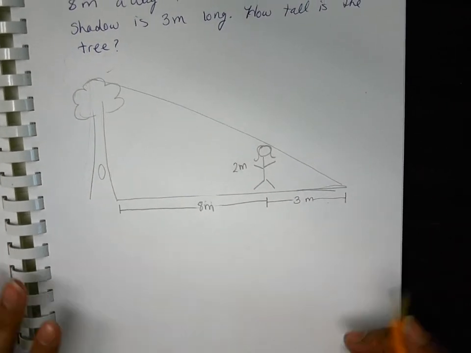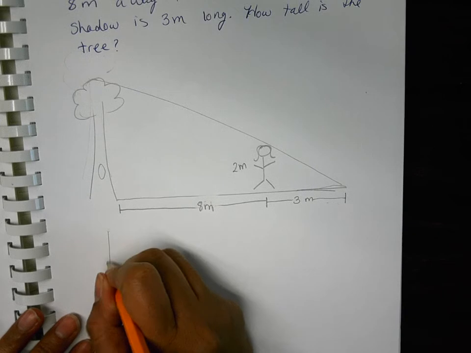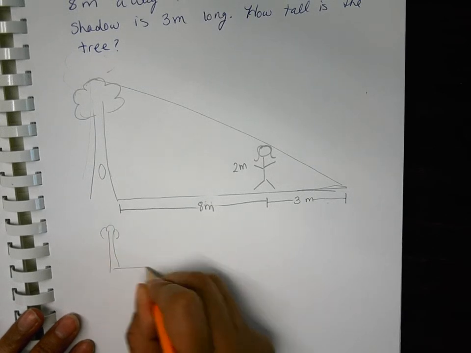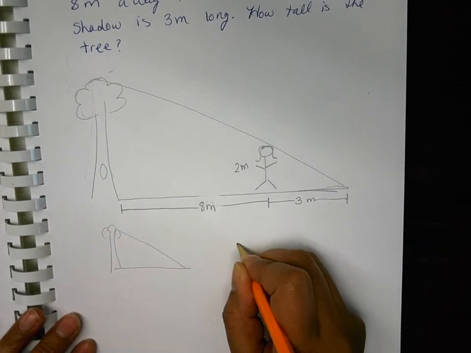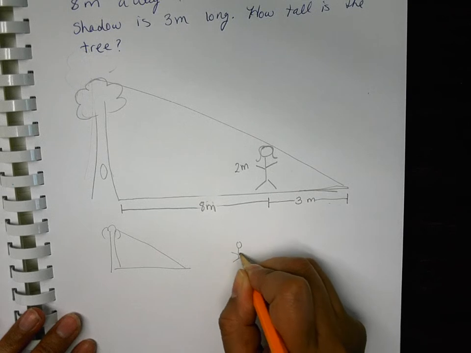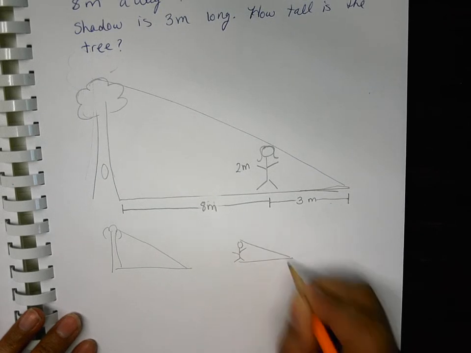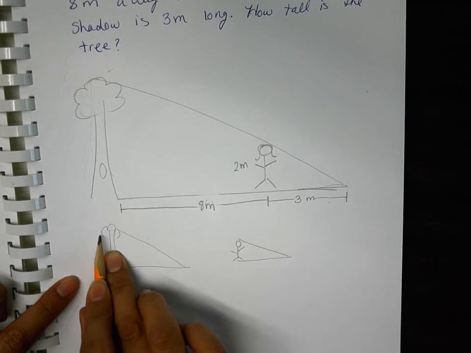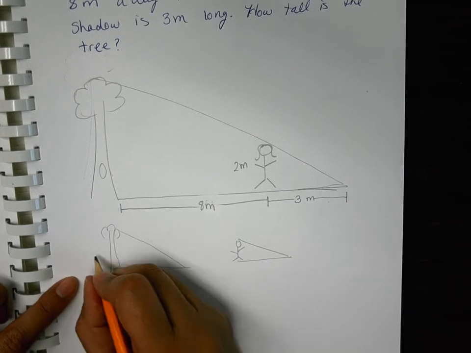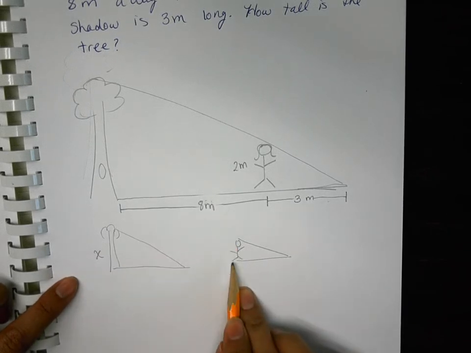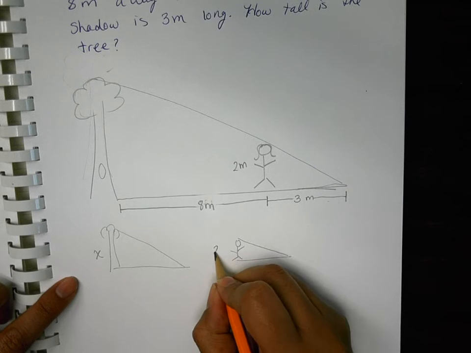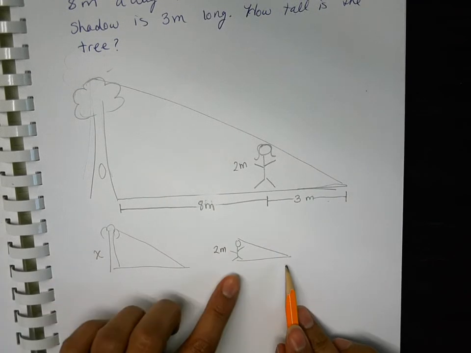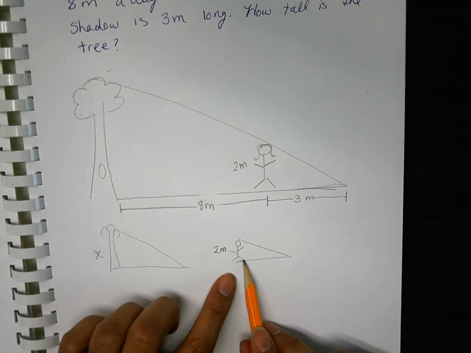So here's my tree, and here's the smaller one with Mary. With the tree, do we know the height, or is that what we're looking for? With Mary, do we know how tall she is? 2 meters. Do we know the length of this base? How far is Mary from the edge of the shadow?